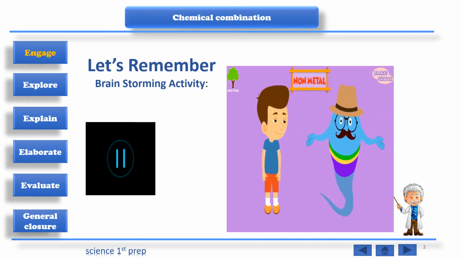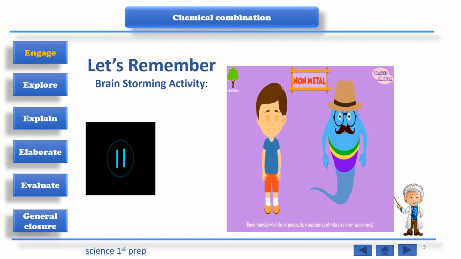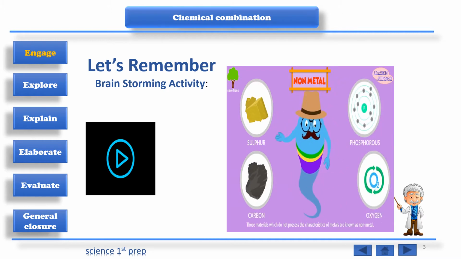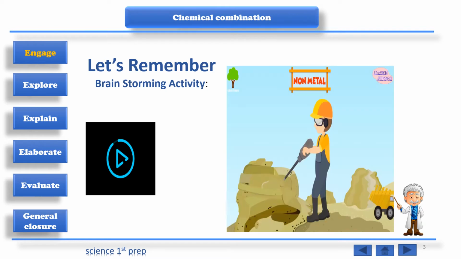Now the non-metals. Those materials which do not possess the characteristics of metals are known as non-metals. Few examples are sulfur, carbon, phosphorus, and oxygen. Now the physical properties of non-metals. Brittle or soft. The solid non-metals are brittle or soft as they can be broken down into a powdery substance on tapping down. Examples are coal and sulfur.